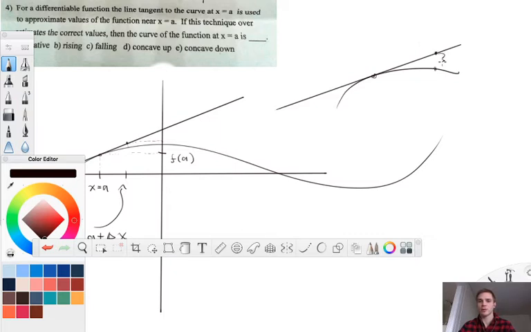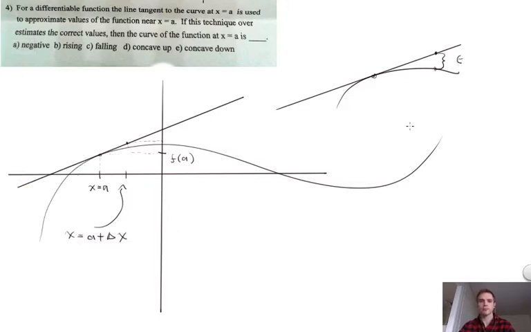Because our estimate is above the actual function value, or the correct value, as they say in the question, this is an overestimate. We're going to call this epsilon. That could be our error, and that's just an expanded version of this. Now, if our delta x is small, you can see that this error is very small, so it's a nice approximation.